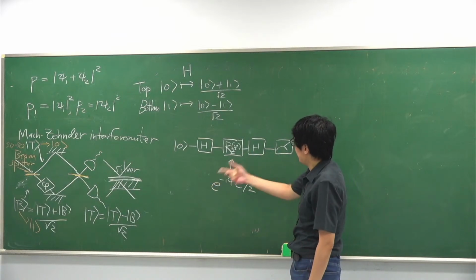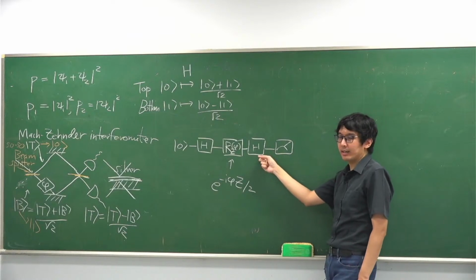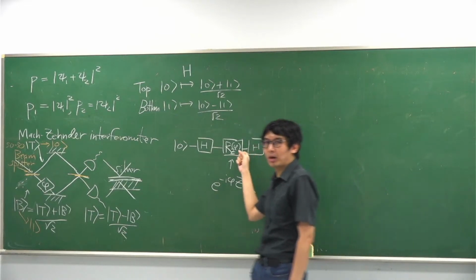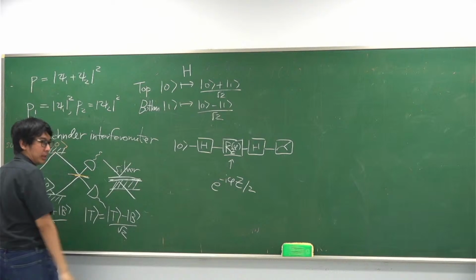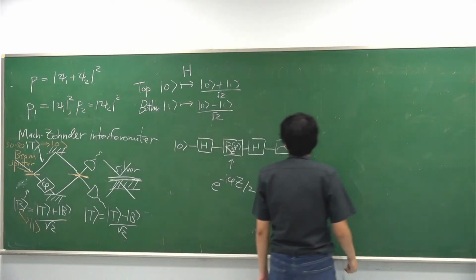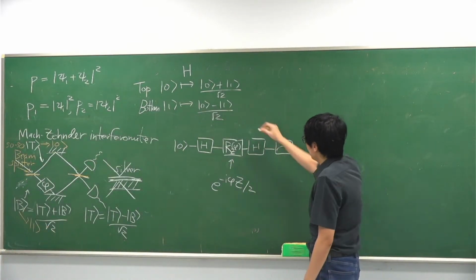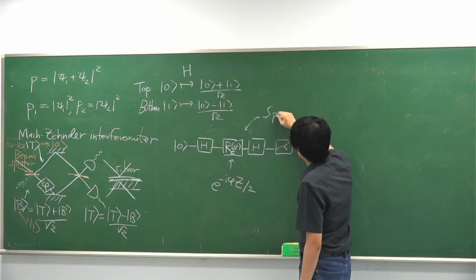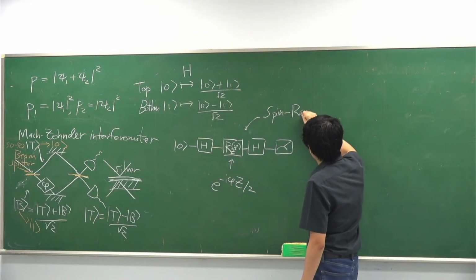And then the two beams meet at the beam splitter again, and then we measure which path it comes out. So for spin, this is also called a Ramsey interferometer.